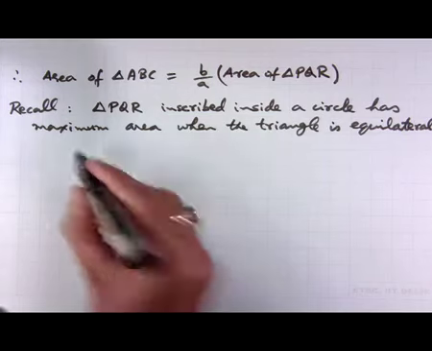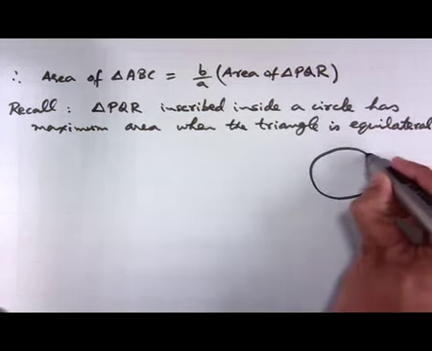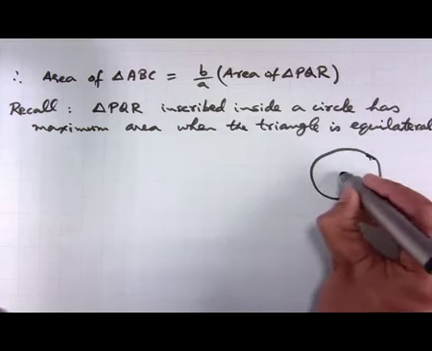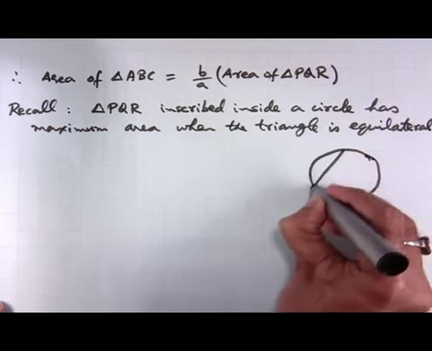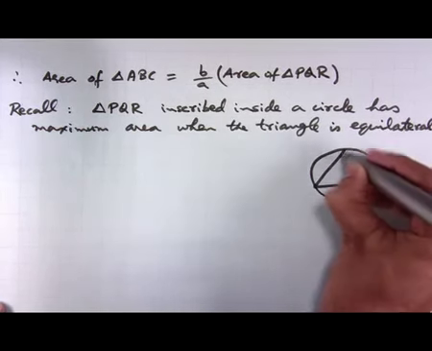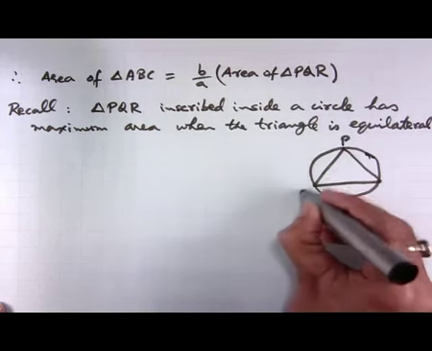So, if I have this circle of radius A and then we want maximum possible area of this triangle PQR, this happens exactly when this triangle is equilateral triangle.